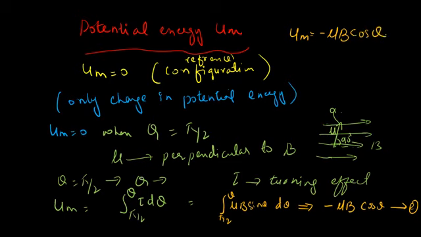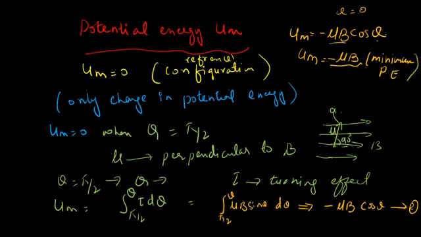When mu and B are parallel to each other, the potential energy will be equal to minus mu B. Mu and B are parallel when theta is equal to 0. When theta is equal to 0, cos of 0 is equal to 1 and potential energy will be equal to minus mu B. This is the minimum potential energy of a magnetic dipole.